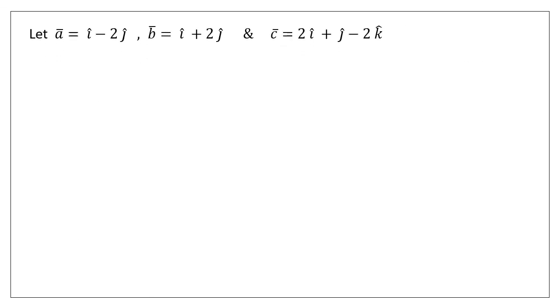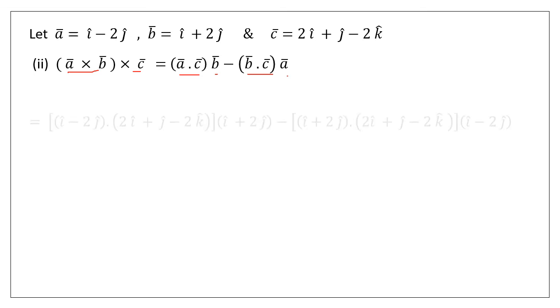Write down the given vectors A bar, B bar, C bar. Now consider the second expression (A bar cross B bar) cross C bar, which equals, again using the definition, (A bar dot C bar) into B bar minus (B bar dot C bar) into A bar.